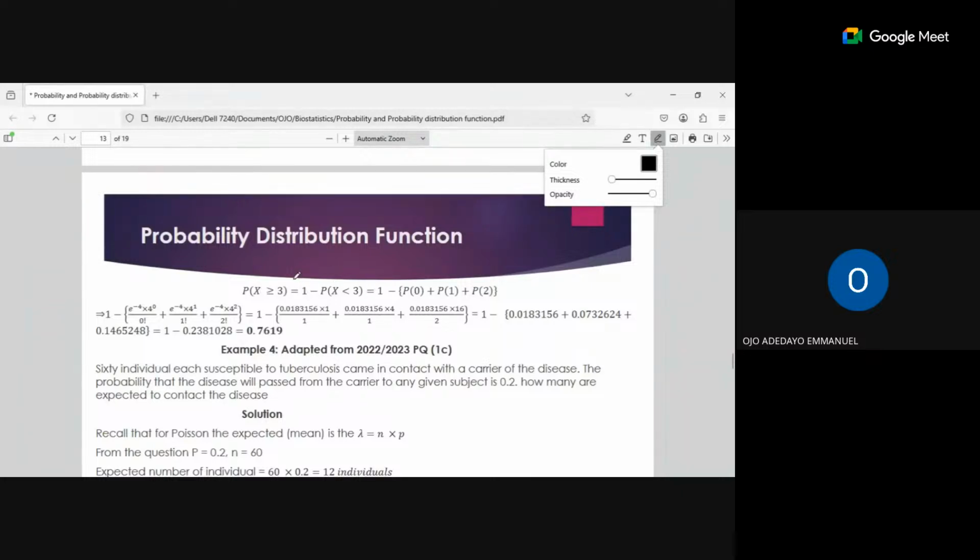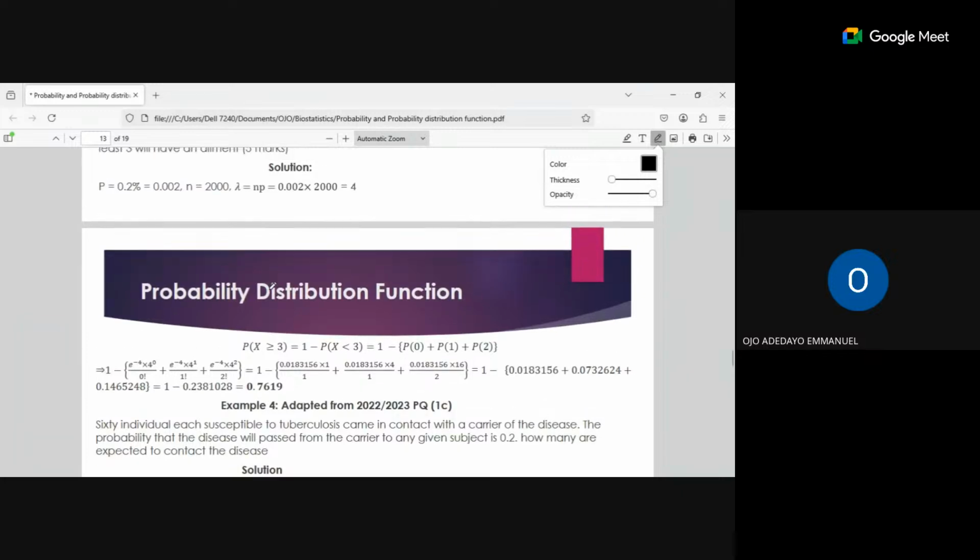By the time you do justice to that, we're going to have these values. Then 1 minus, if you sum everything together, we're going to have this, which is equal to this. This is the probability that at least 3 will be affected by that ailment. So this one has covered for those at infinity.